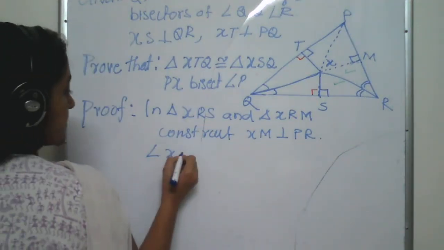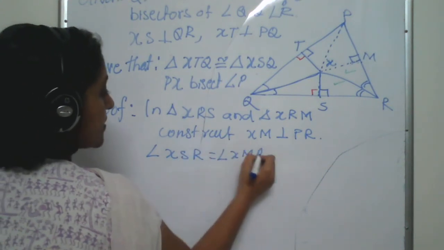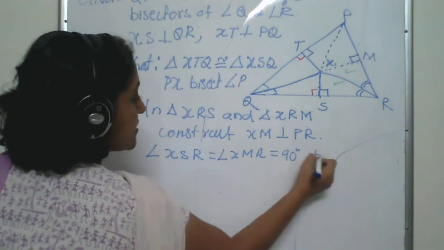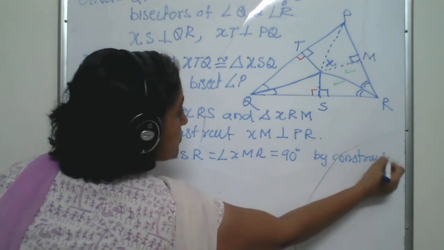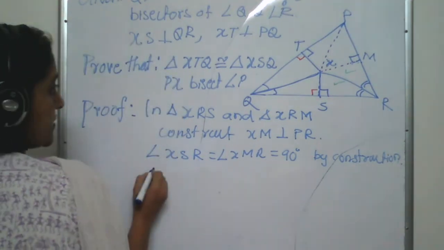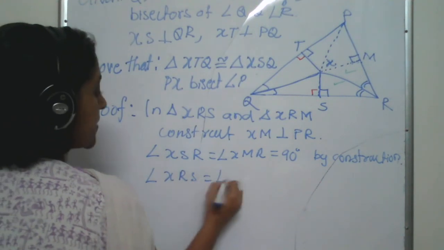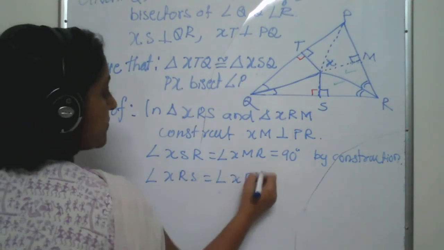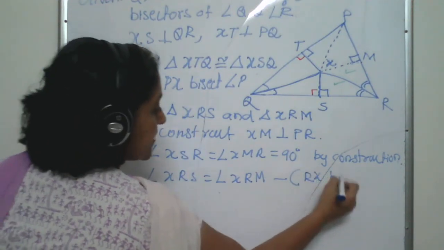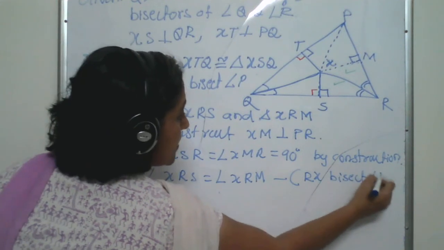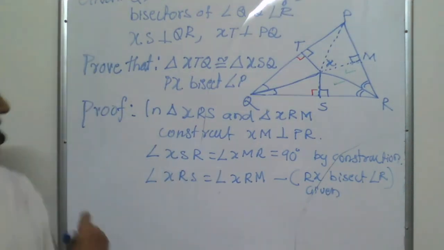Angle XSR is equal to angle XMR is equal to 90 degrees by construction. Then angle XRS is equal to angle XRM, because RX bisects angle R. It is also given actually, as I told you in the previous proof.